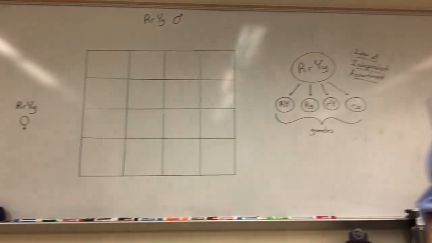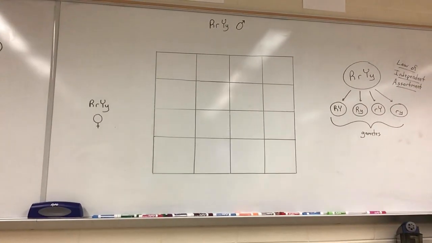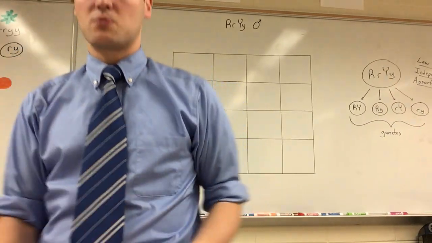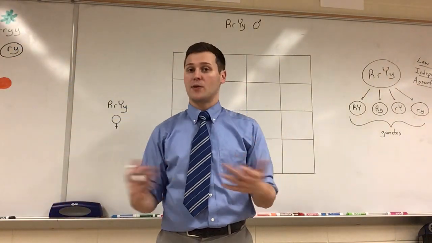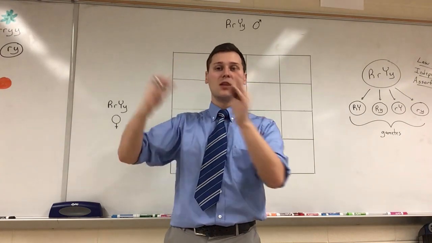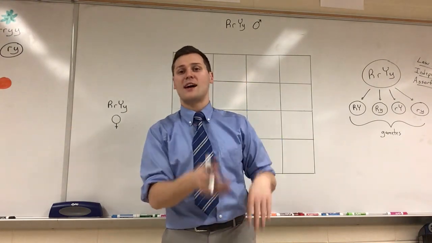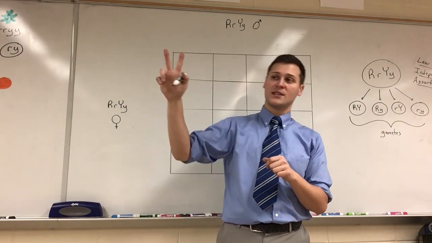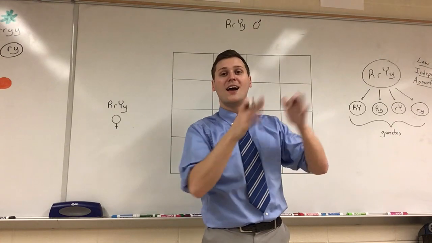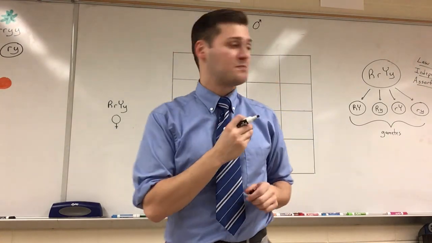So this right here is a Punnett Square used for dihybrid crosses, where we're crossing multiple traits, not just yellow and green, but also wrinkled and round. So we're considering two traits, the trait for seed color and the trait for seed shape.